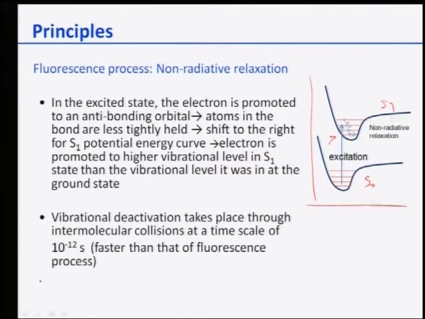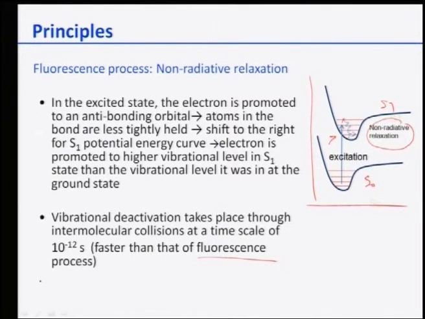Now, vibrational deactivation or non-radiative relaxation can take place through intermolecular collision, on a time scale much faster than a nanosecond, at 10⁻¹² second, which is faster than the fluorescence process. Here, collision can take place between molecules, and the electron can come from a high energy state to a low energy state.